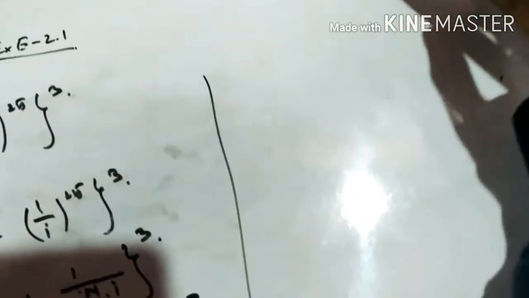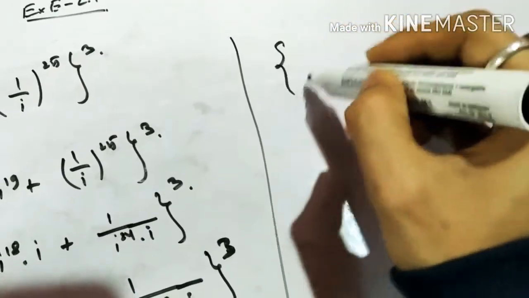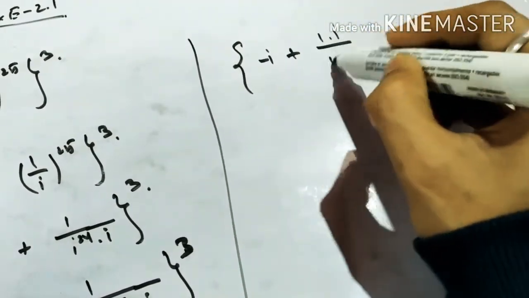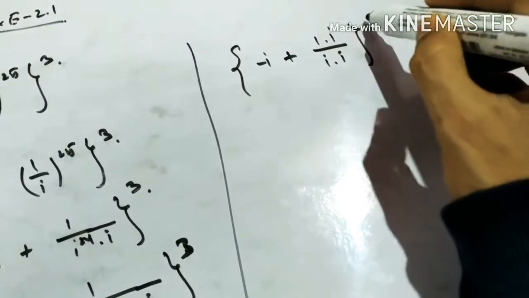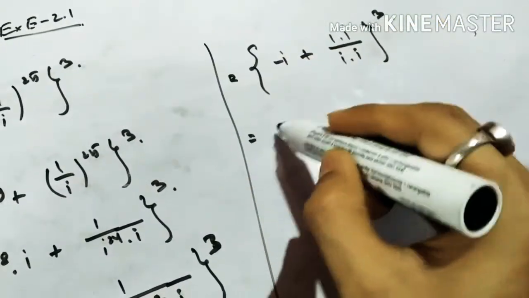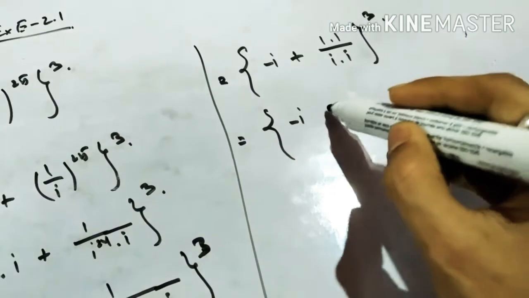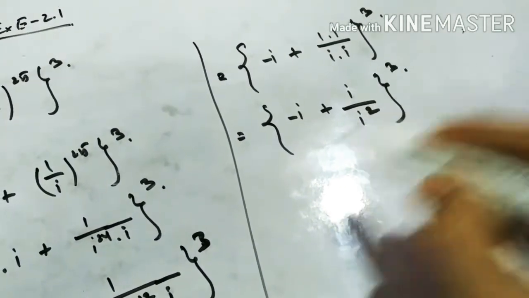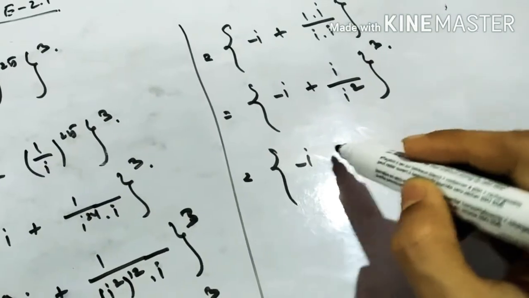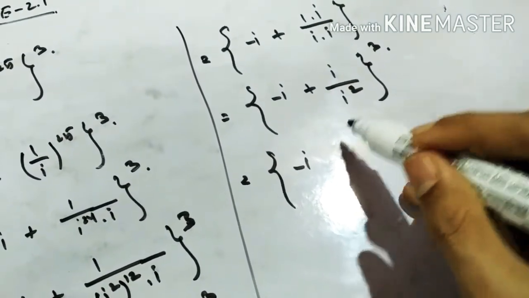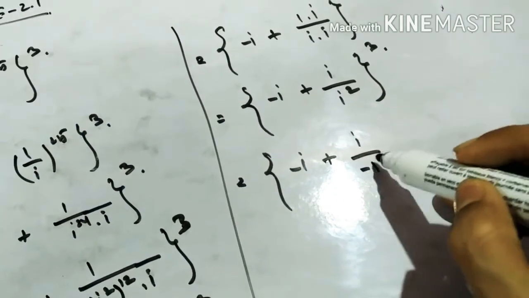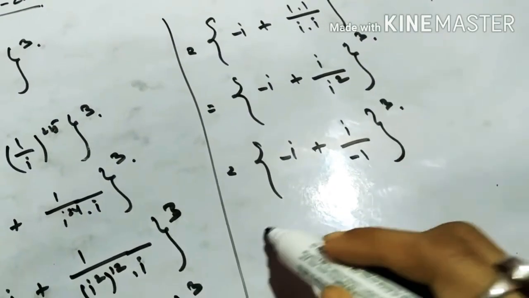So I will get minus i plus, multiplying both sides by i, minus i plus i by i square to the whole power 3, minus i. This will become plus i by minus 1 to the whole power 3.